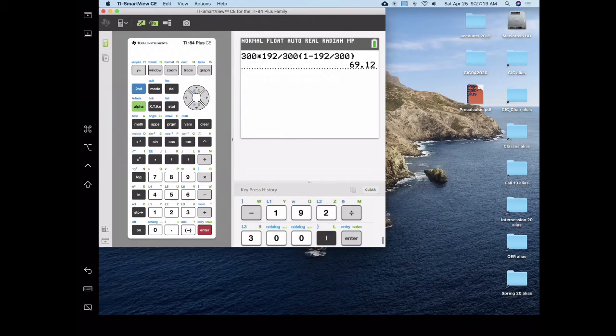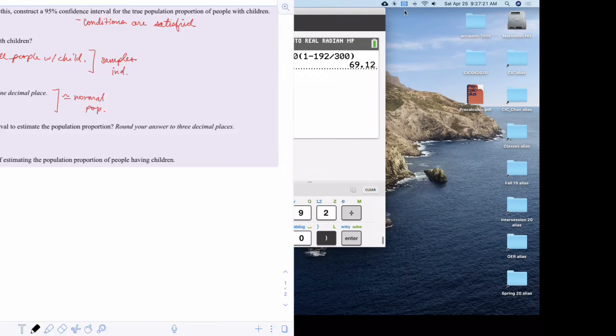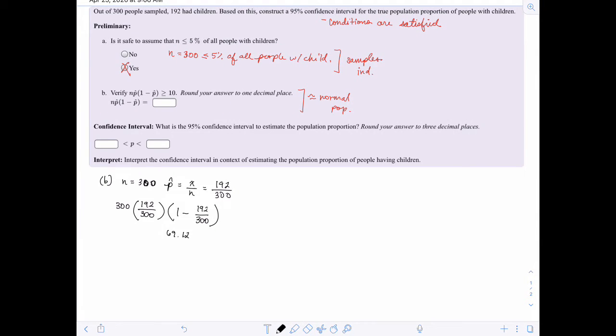And that is 69.12, which is greater than or equal to 10. It says round to one decimal place, so 69.1. And so that one is satisfied. Therefore, we can assume our samples are small enough that they're independent, and our samples come from an approximately normal distribution.